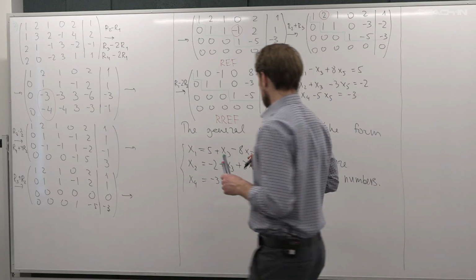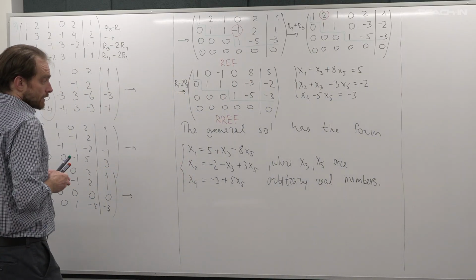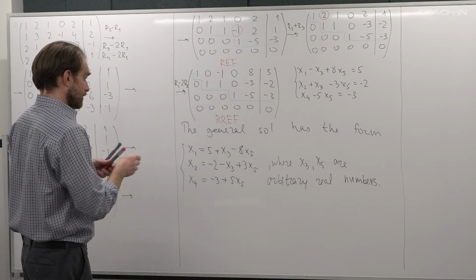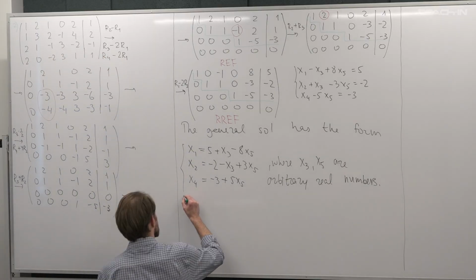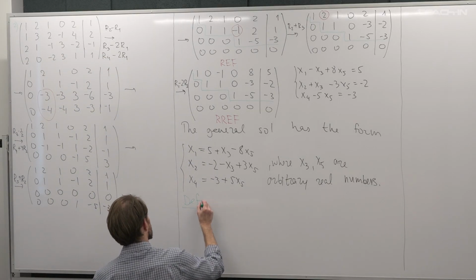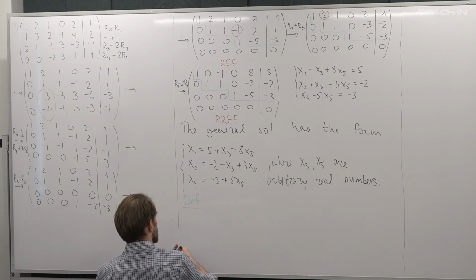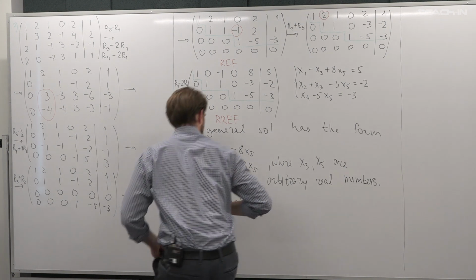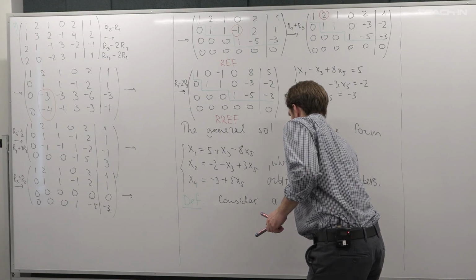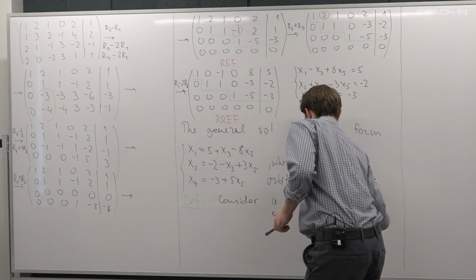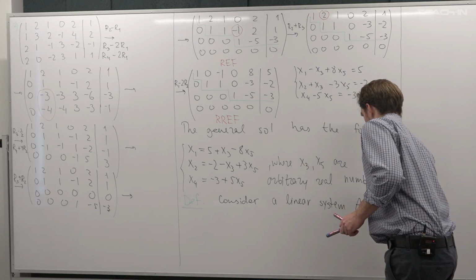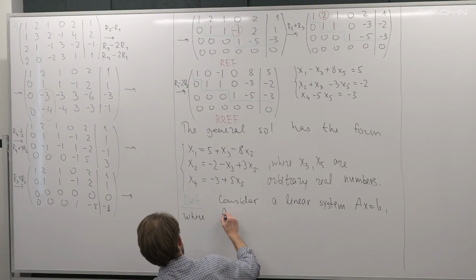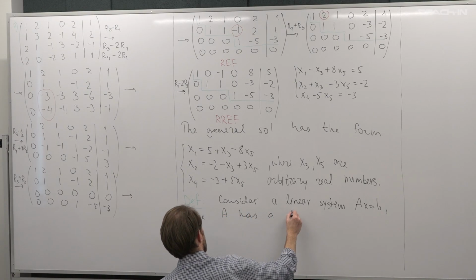Okay, so we get the solution of this system. And so here we express some variables in terms of the others. And so I'm going to give one definition. So consider a linear system Ax equals b, where A has a row echelon form.